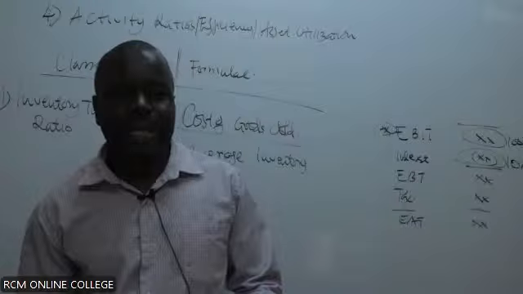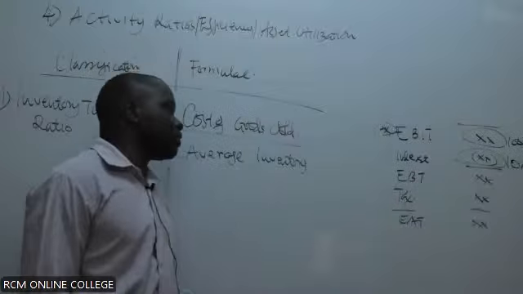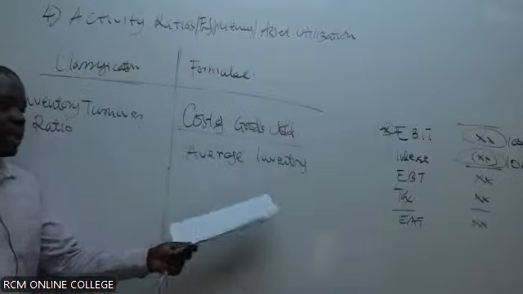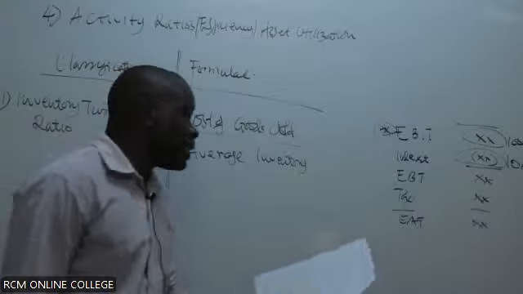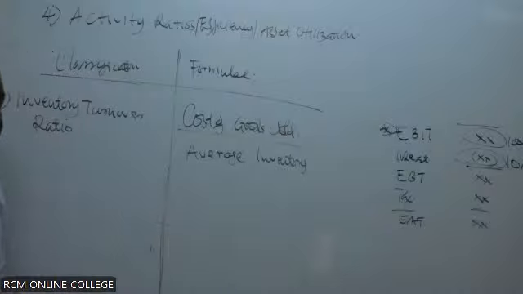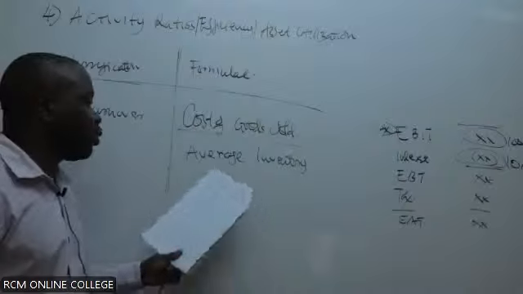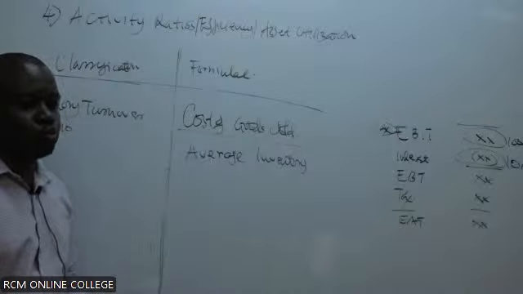You assume that as the average inventory. But if you have been given the opening and closing inventory, then you divide by 2.